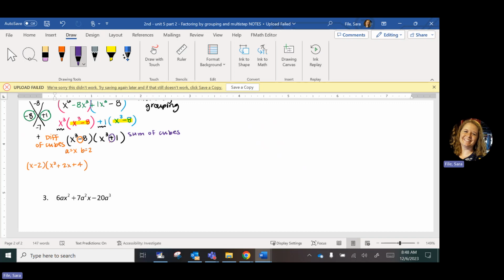Now, the sum of cubes for this binomial, my a would be x, and the cube root of 1 is 1. So my b would be 1. Now for the sum, I would do a plus b, so x plus 1.